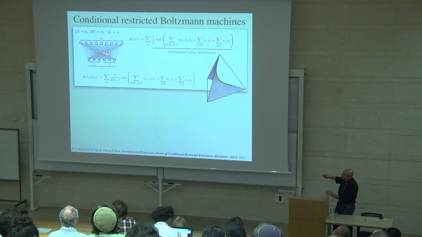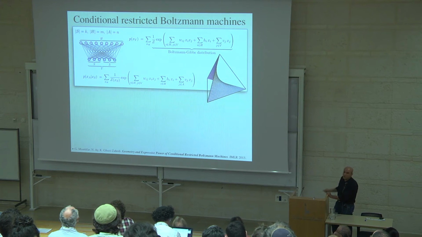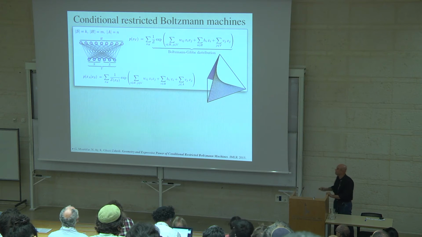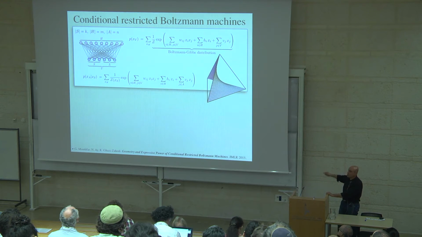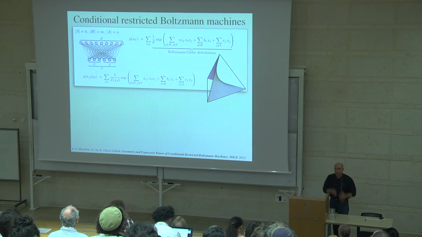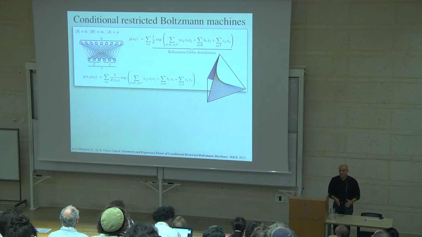You want to model a probability distribution on the visible layer, which means that you have to marginalize out the hidden layer. This corresponds to this sum here, where you take the sum over all states of the hidden layer. What does it mean geometrically? It means that you take this nicely shaped manifold and project it down to a lower dimensional space. And suddenly it becomes very complicated.